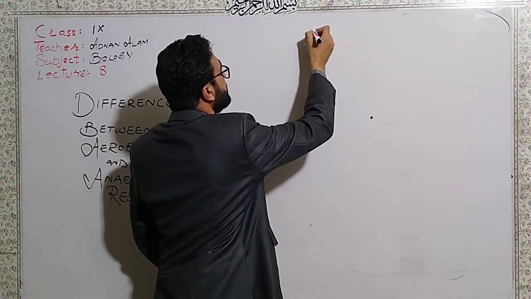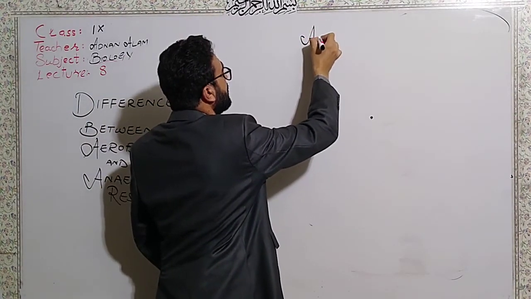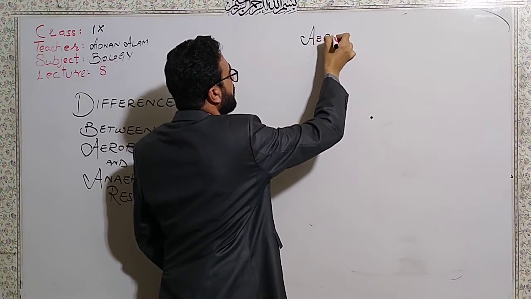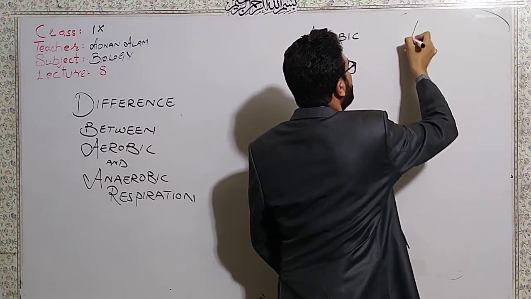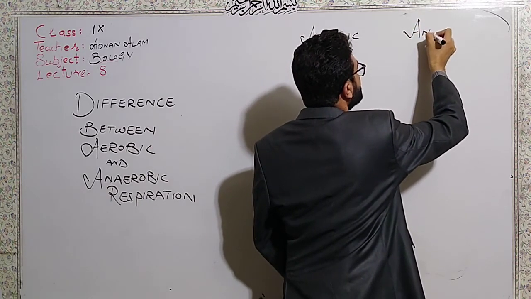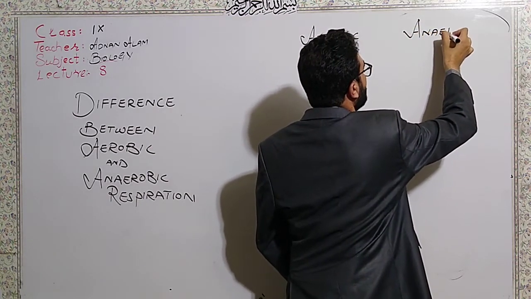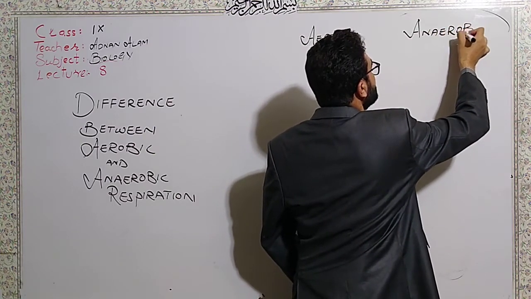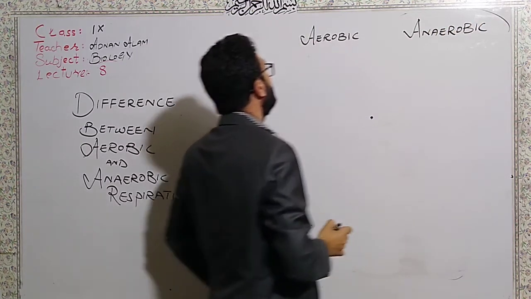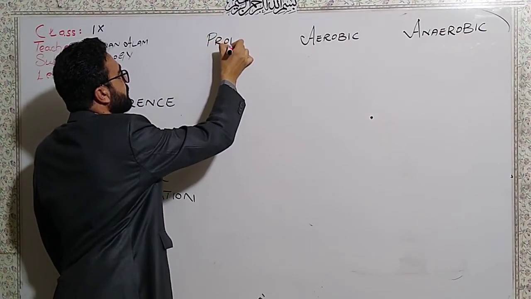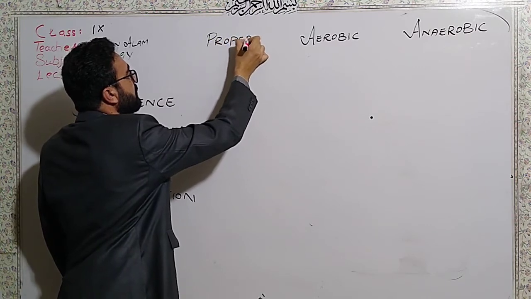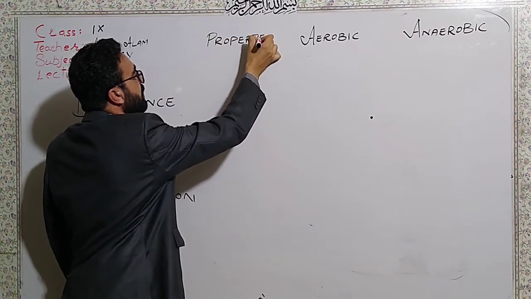Difference between aerobic and anaerobic respiration. First of all, aerobic respiration and second is anaerobic respiration. These are the two types of respiration. We studied them in detail. And here are the properties on which they are different from one another.